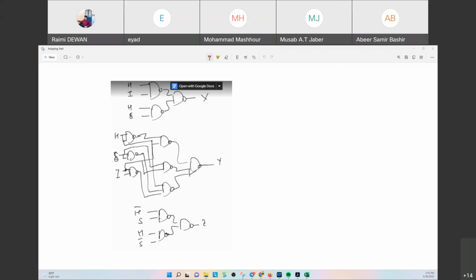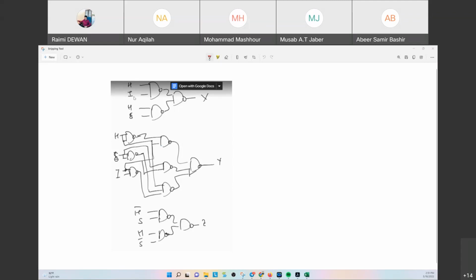I got almost the same, but I started from HSI. So I put a bubble where there is H bar, I put a bubble before the NAND gate. So I did it all together. So you get almost the same. Okay, how about the rest other than Akila?